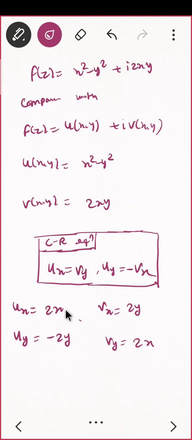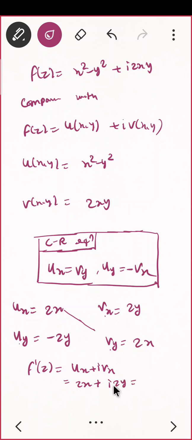Do you observe it is satisfying CR equation? These two are the same. Ux equal to vy and uy equal to minus vx. Yes, they are satisfying CR equation. Correct? And as per the rule, what is the derivative? F dash of z is ux plus i vx. So what is your ux? Ux is your 2x plus i times vx, 2y.